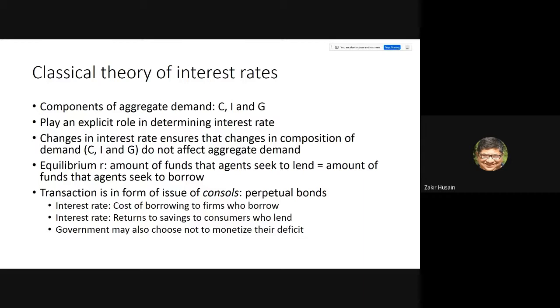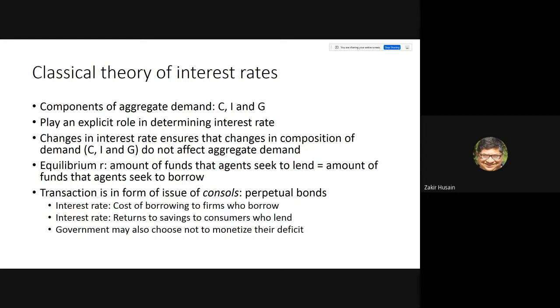So interest to them is the cost of borrowing. So that means interest rate can be interpreted in two ways. It's like Janus, the Greek god of doors. It is the cost of borrowing to firms who issue the bonds. It is the returns to savings to the consumers who have purchased the consols.